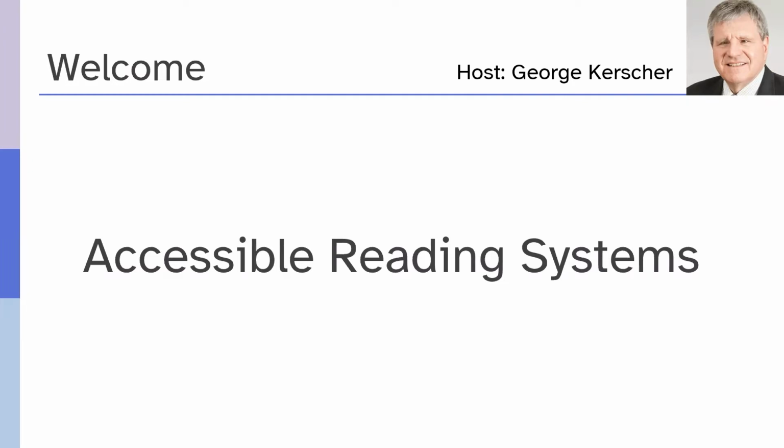And if you have a refreshable Braille device attached, you can read it tactilely with Braille. So to unpack these reading system solutions, we've put together a wonderful panel, and I'd ask that you introduce yourselves and let's get going.